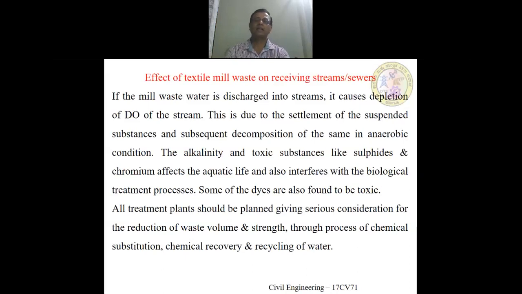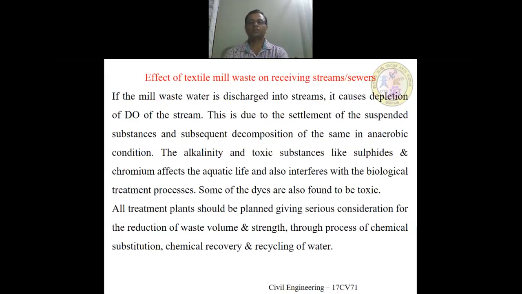The alkalinity and toxic substances like sulfide and chromium affect aquatic life and also interfere with the biological treatment process, since chromium acts on microorganisms. In some cases, some of the dyes are also found to be toxic.